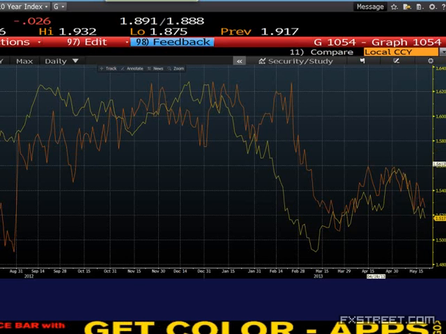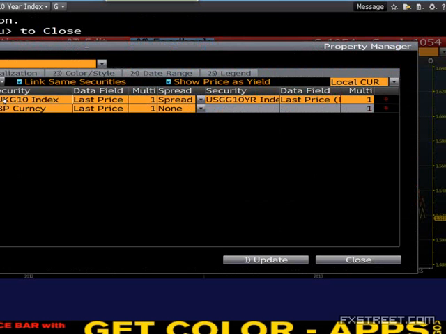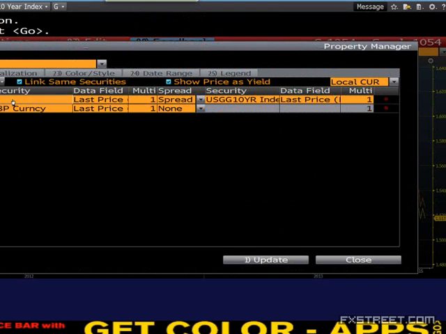But this is just looking at cable. Now I want to just change this chart to look at Aussie, because I do know that Yaz has been waiting very patiently for me to talk about this.